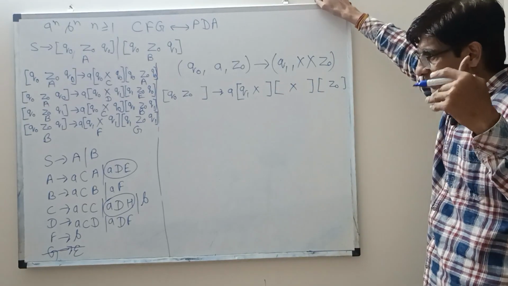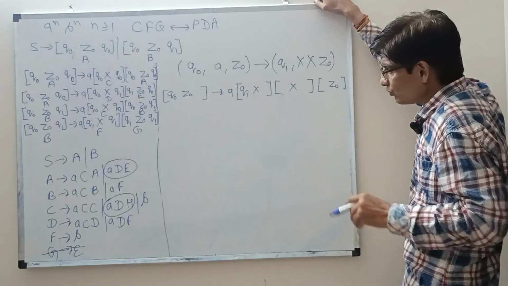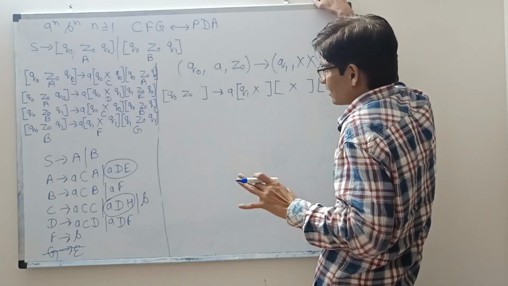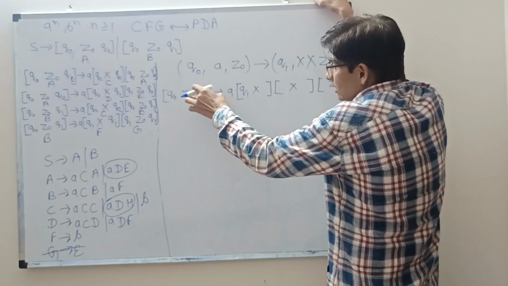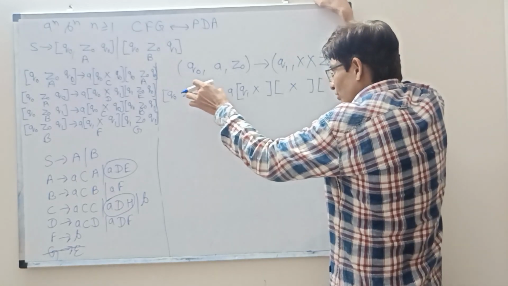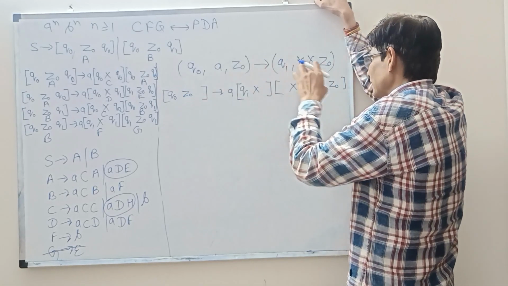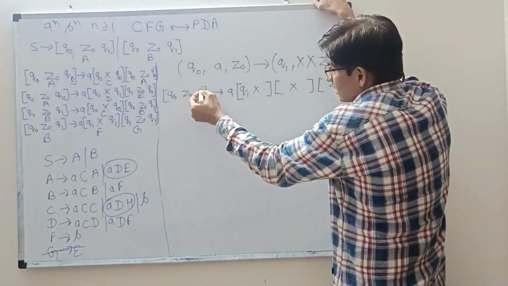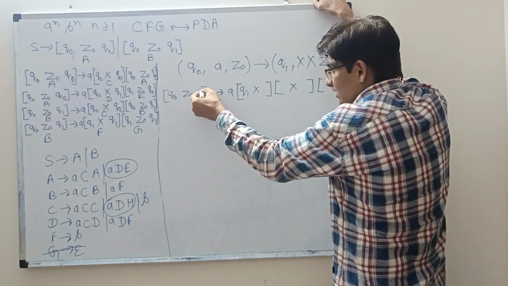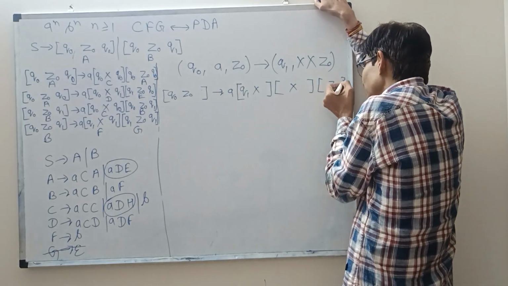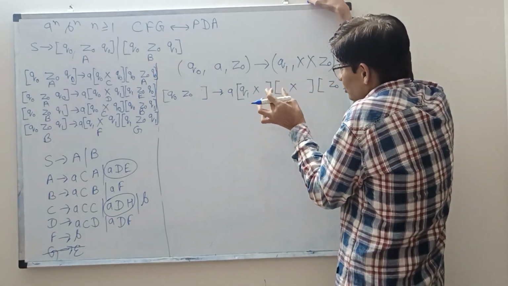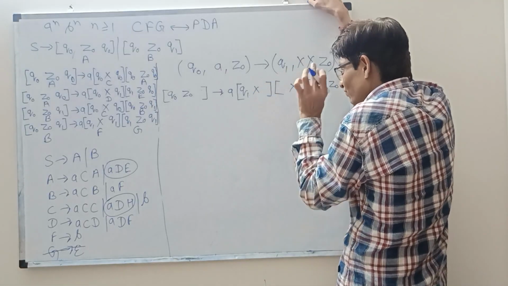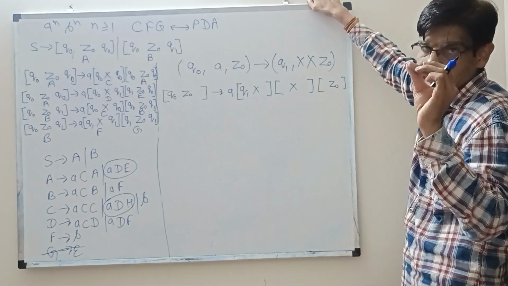Now, as we did in the last example, we will do the same thing in this example. The last symbol of the left hand side and the last symbol of the right hand side would be the same. So if you have Q0 here, then it would be copied here also. And two adjacent positions will always have the same value.